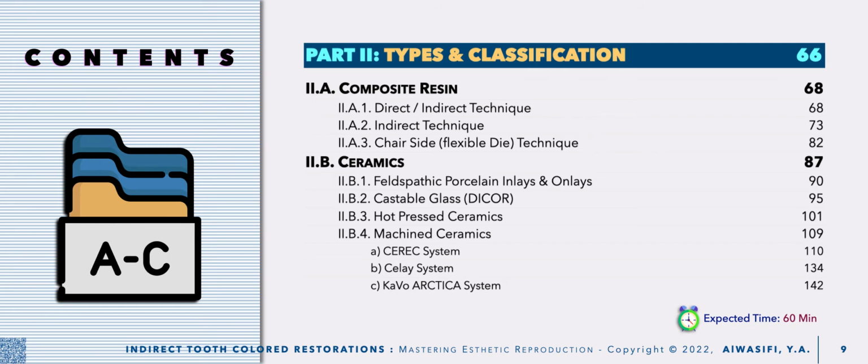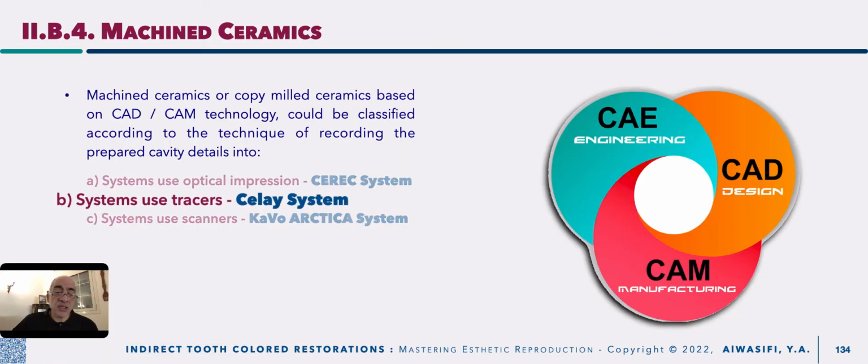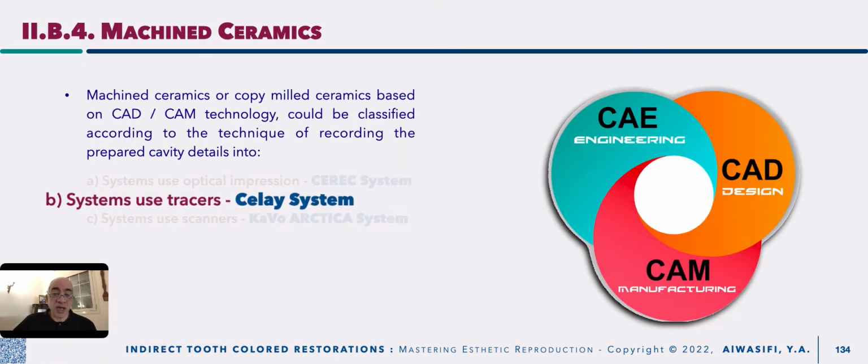Then we go in our discussion forward to discuss machined ceramics. The difference between different types of machined ceramics is how to transmit the picture of your cavity details into your system or your copy milling machine. We discussed a technique using optical impression and by the help of CAD/CAM technology, which was CEREC 1, and today we discuss another technique, which is the CELAY system that uses tracers.